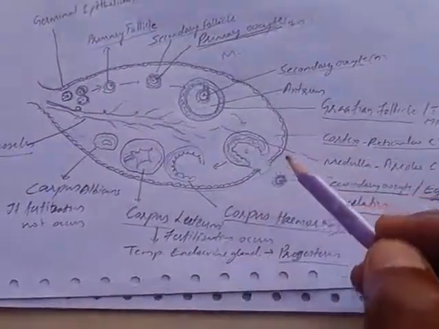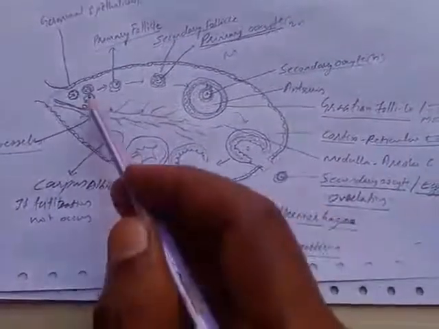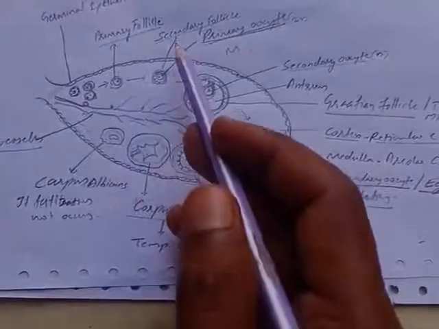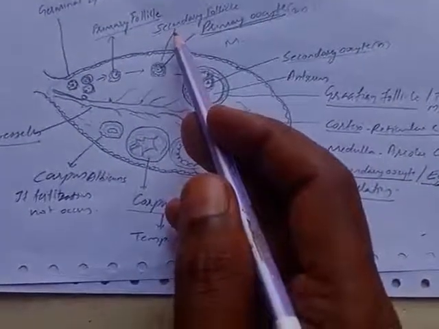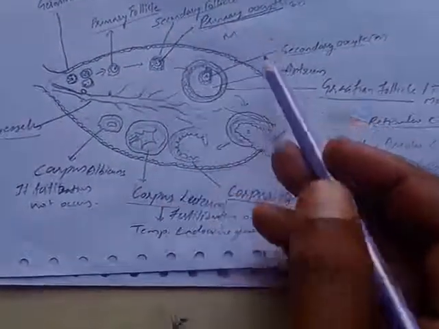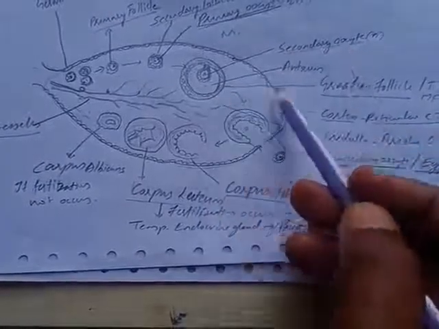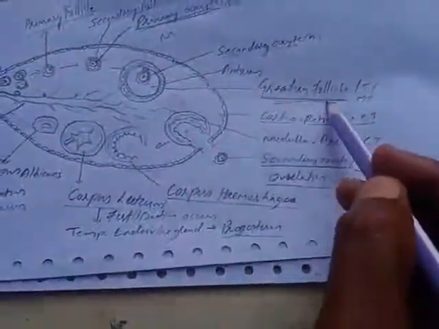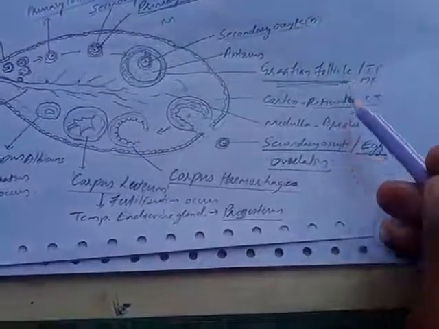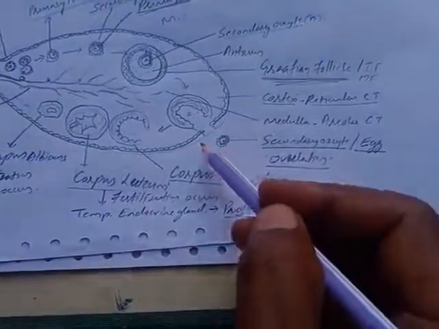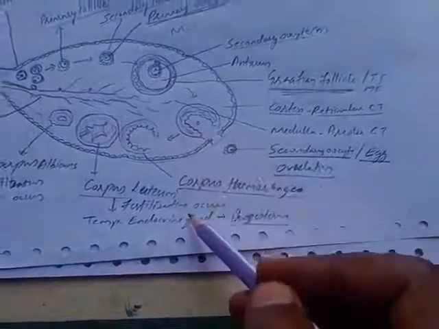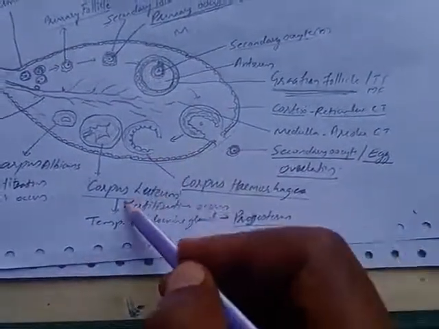Every month one follicle develops into a primary follicle, and later into a secondary follicle. The tertiary follicle is called a Graafian follicle. You can label all these parts, which are very important. The Graafian follicle is later released on the 14th day of the menstrual cycle, that is the secondary oocyte. Then if fertilization occurs, it becomes corpus luteum.